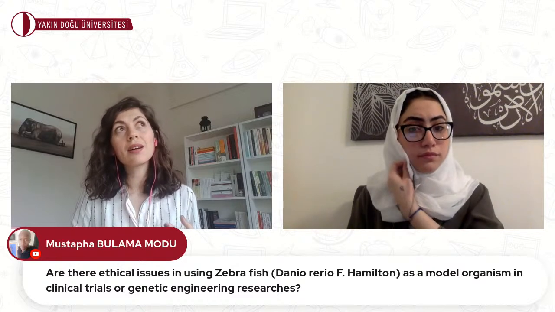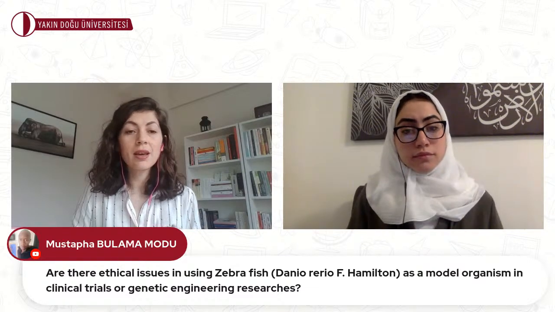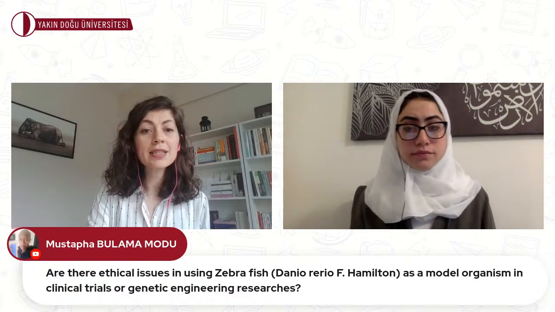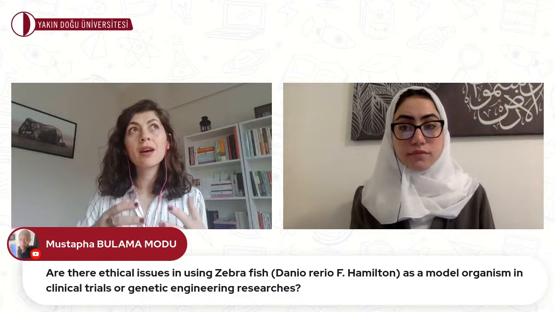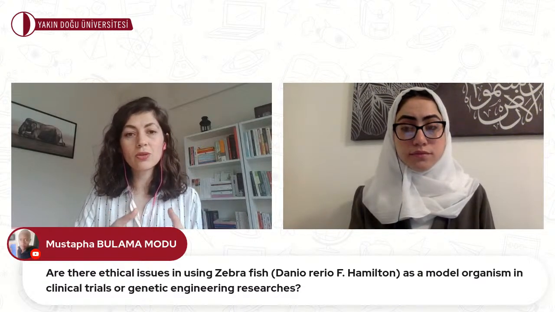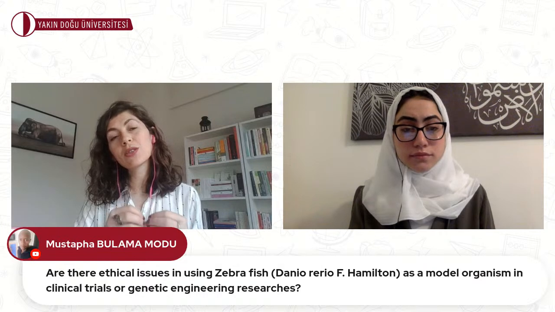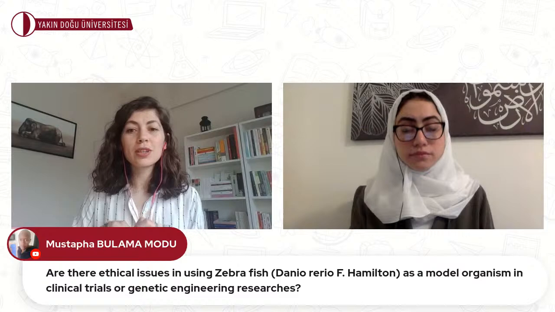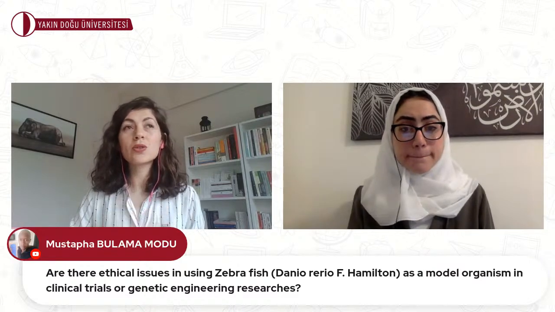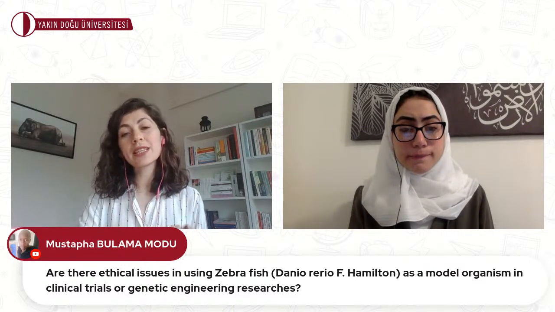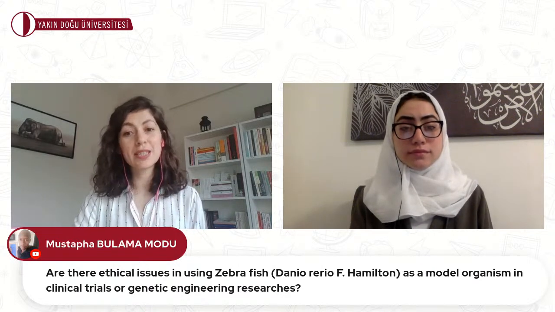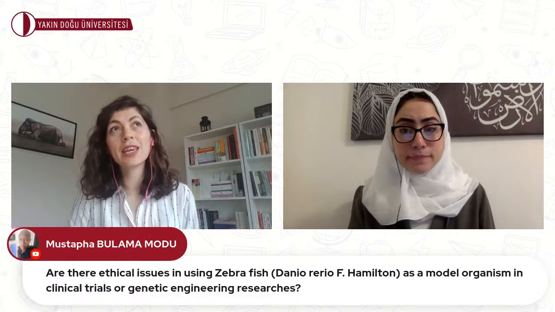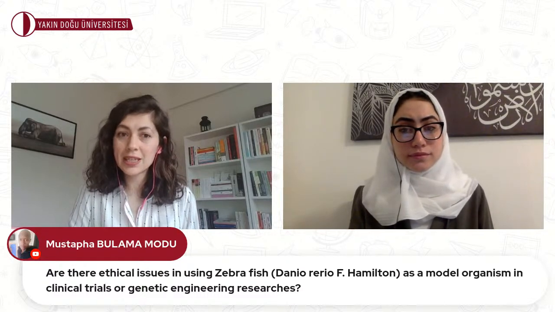So you cannot perform any experiments on animals just as you are. First, you need to get your certificates, and then you need to apply to ethical committees, explaining why you need to do those experiments on those animals. But first you need to choose the least biological complexity animals for your research. So it is very, very important, and you definitely need to get the certificate and also the ethical committee approval reports.